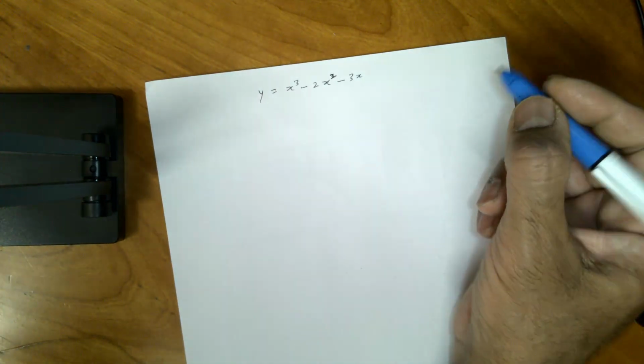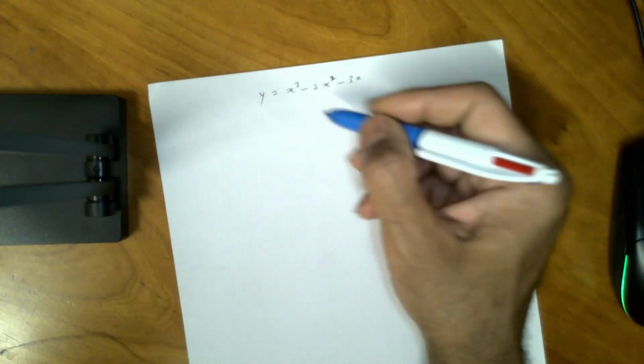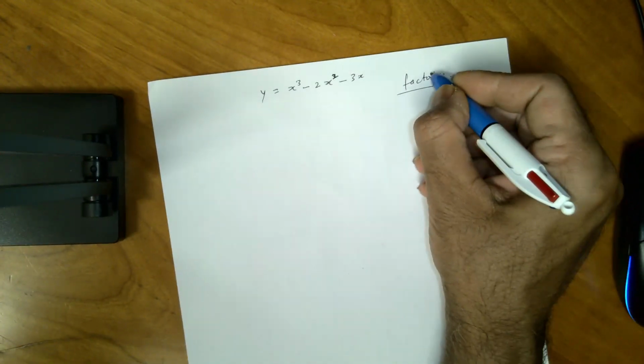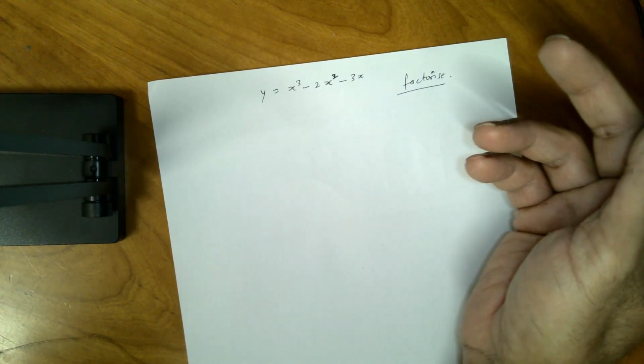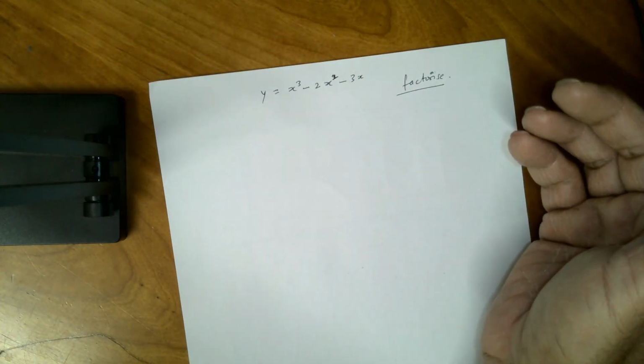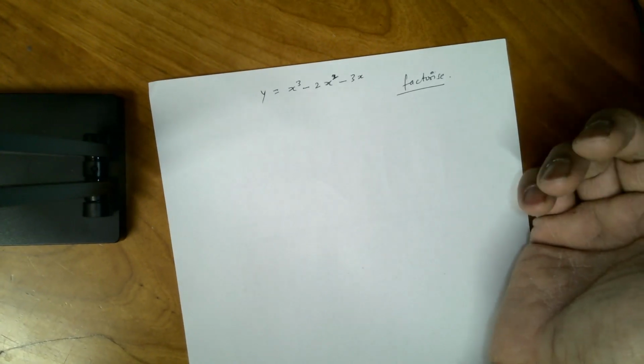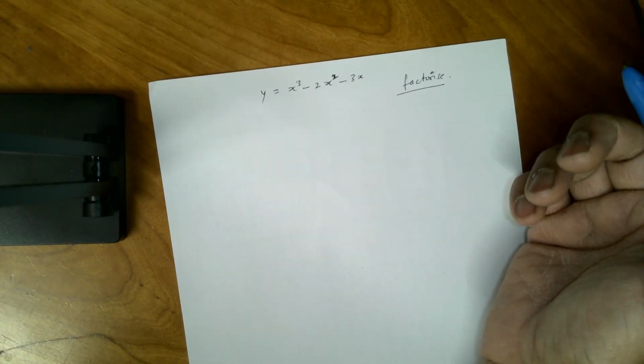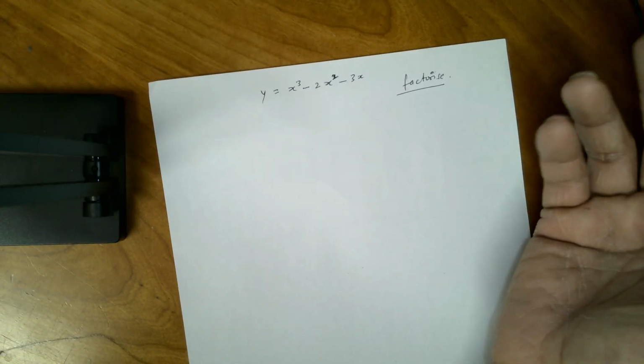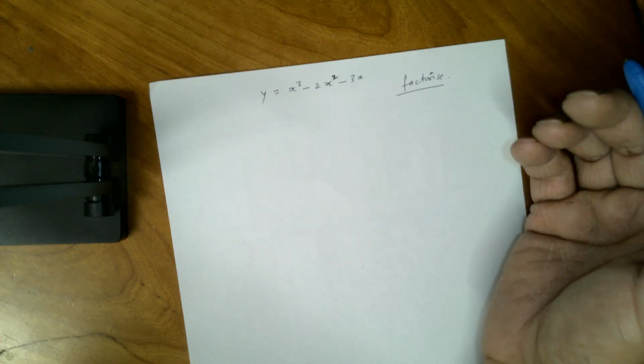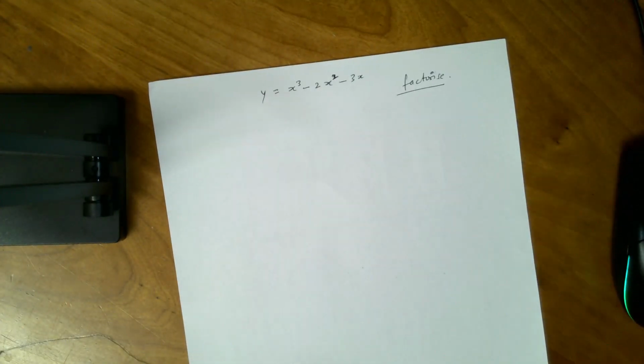Before we proceed with this, we need to first factorize this, because without that we can't do that. I have previously told you about factorization of quadratic expressions and discussed this in my previous videos, so please watch that, and the link is in the description box anyway.